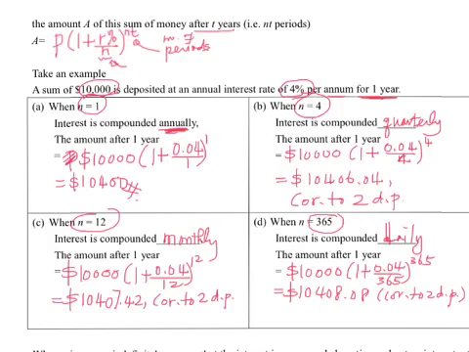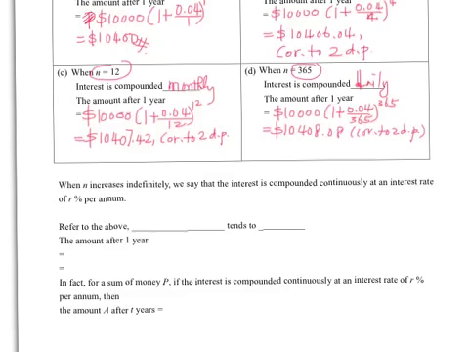You can't even get $1 more. From the above example, we find that even when n increases from 12 to 365, the interest you get more is just a little bit.